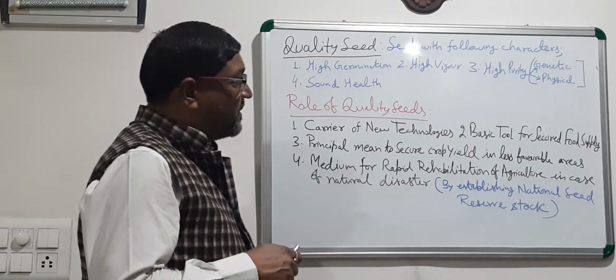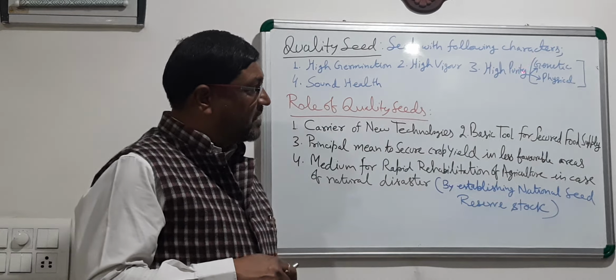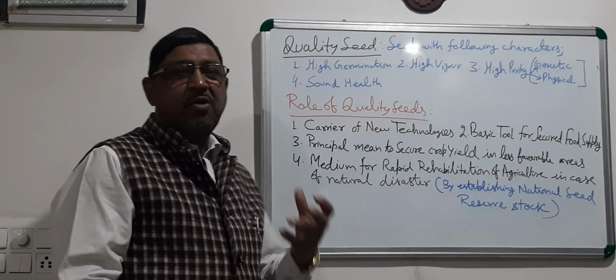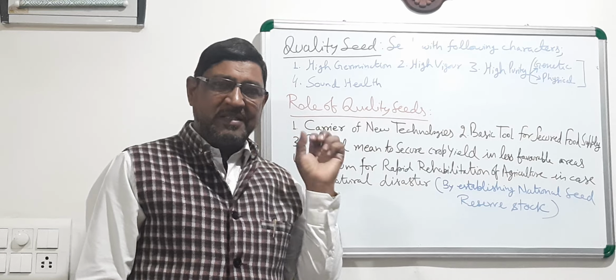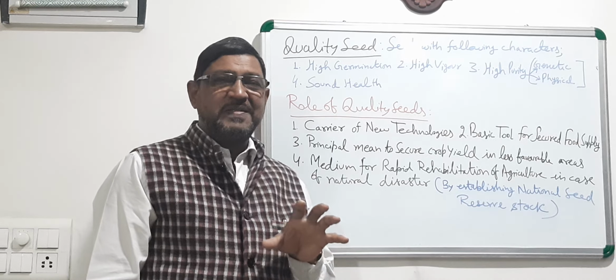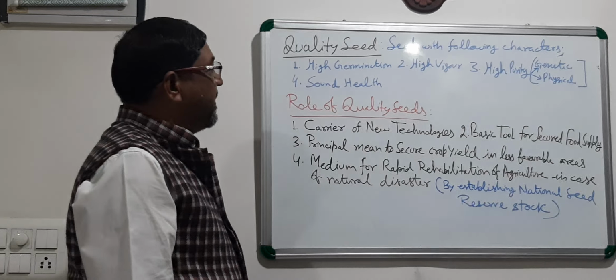What is that purity? The genetic purity as well as the physical purity, and sound health. If your seed has these qualities, this is a good quality seed. This is a quality seed, you can say.